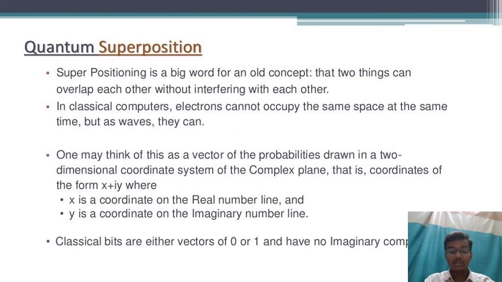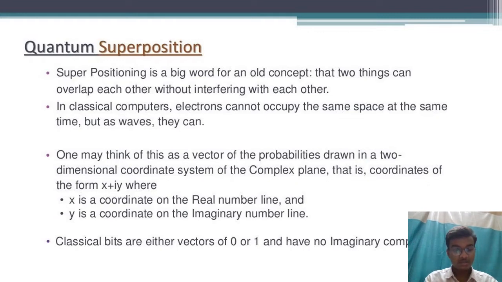Classical bits are either vectors of 0 or 1 and have no imaginary component. For an equation describing a physical phenomenon, the superposition principle states that a combination of solutions to a linear equation is also a solution. When this is true, the equation is said to obey the superposition principle.